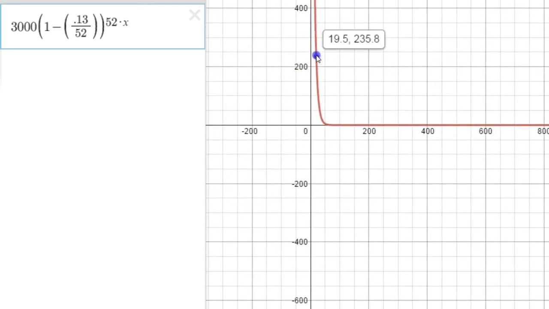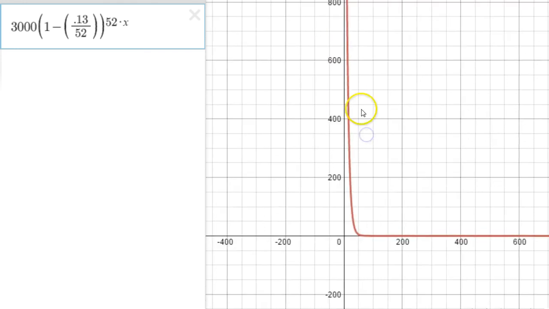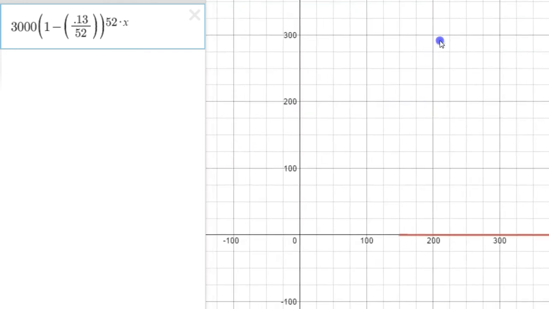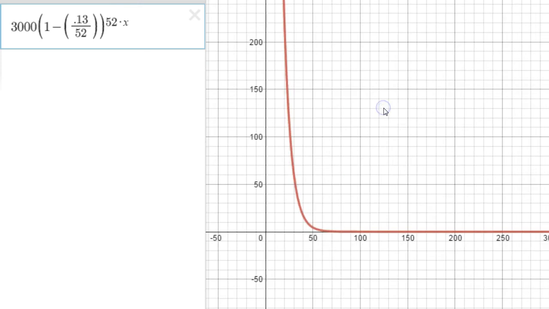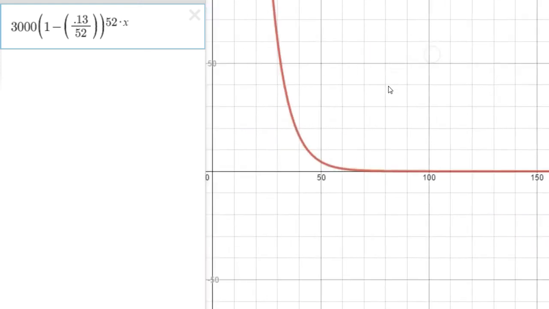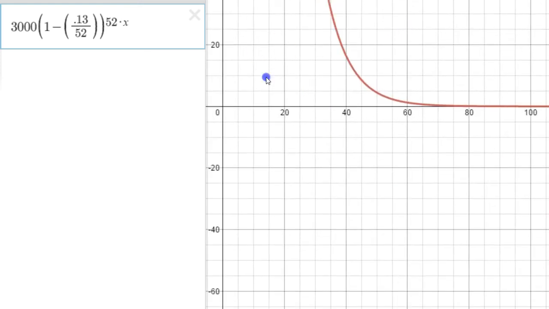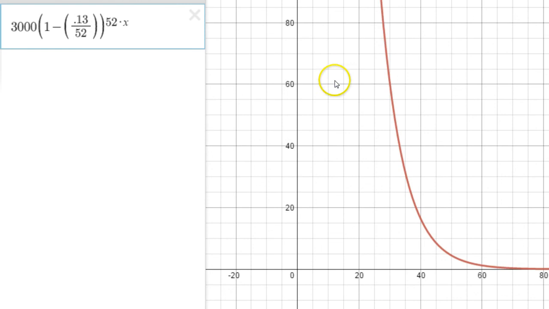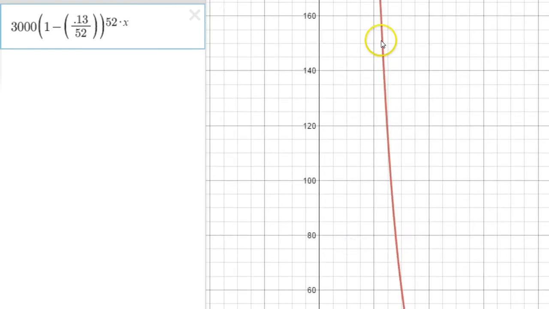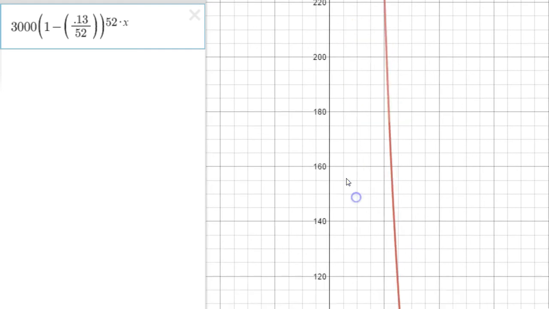As you can see, if I zoom out a lot, it's going to look really skewed to what it's actually going to be. I'm still in the hundreds, and this is going to be a very severe type of thing. It's going to lose a lot of value after a certain amount of time. This number right here is about after 24 months, so this is after about 2 years. No, I'm sorry, that's years. That's what it's going to depreciate to.